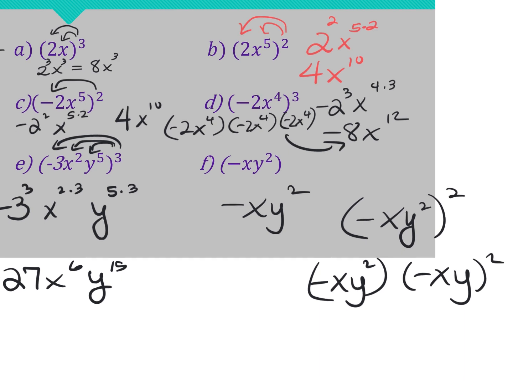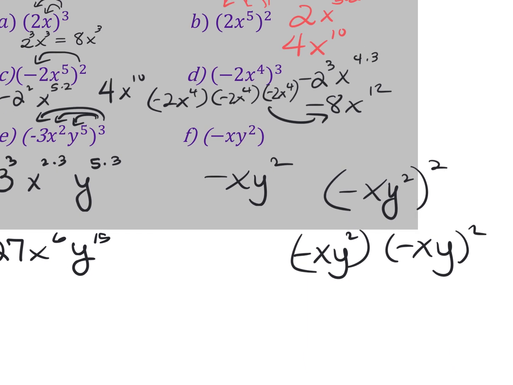Again, that base is negative, but the power is even. So this is going to turn positive, and these x's have an assumed 1. So this will become x squared. This one needs a 2 here, not outside. And then add the y's.